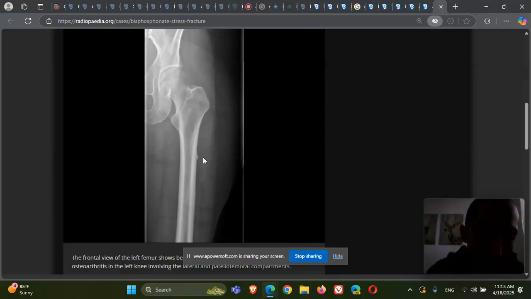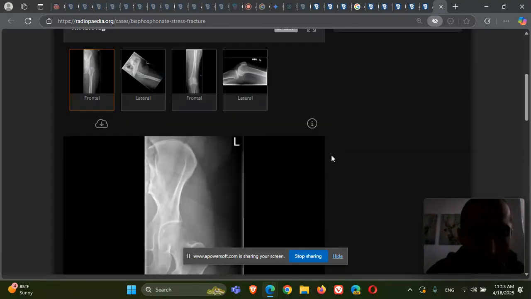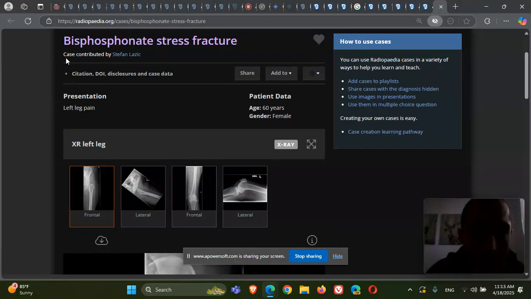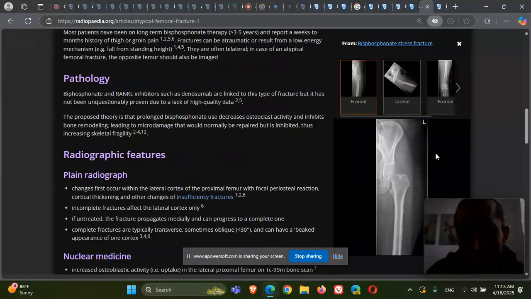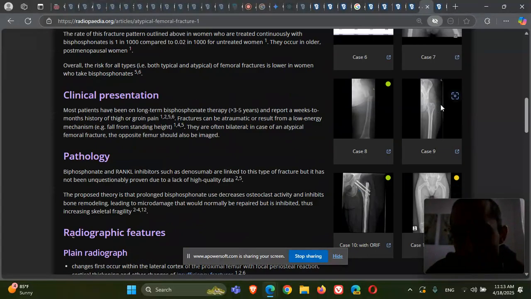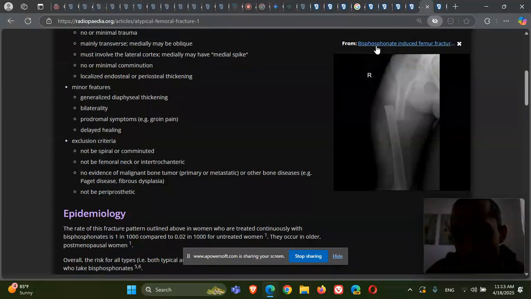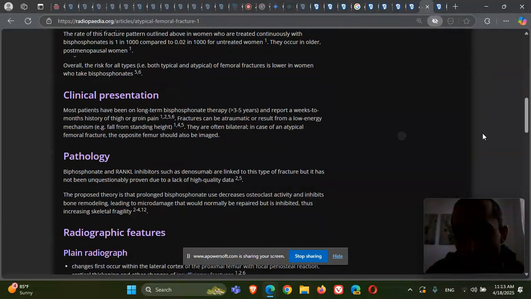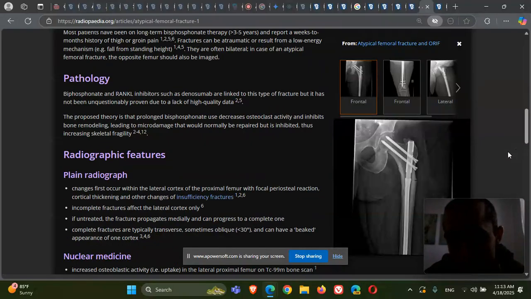And this very subtle finding, oh, here you see bisphosphonate, can get to the very bad fracture you see right over here. Again, bisphosphonate induced femoral fracture. And this is how it ends, with intramedullary nailing, with ORIF.